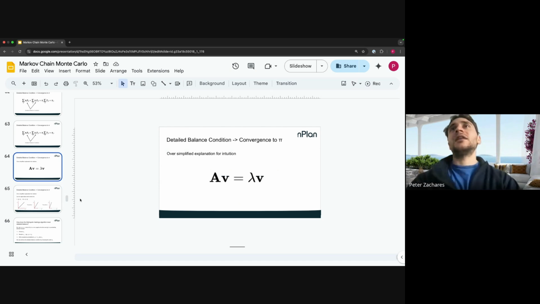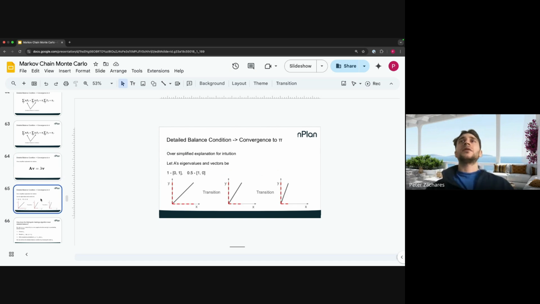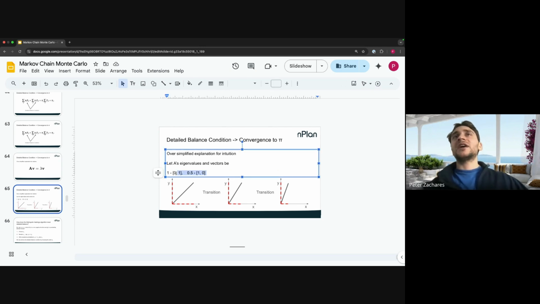Usually, in the cases that we're talking about here, with the types of matrices we're discussing, the eigenvectors are normalized, so they have a magnitude of 1. Here's an example for a transition matrix. I don't know if it meets the detailed balance condition, but again, this could be the eigenvalues and eigenvectors of a transition matrix for a Markov chain. The eigenvalues would be 1 and 0.5, and the eigenvectors would be this and this.